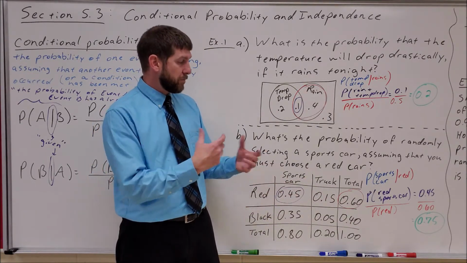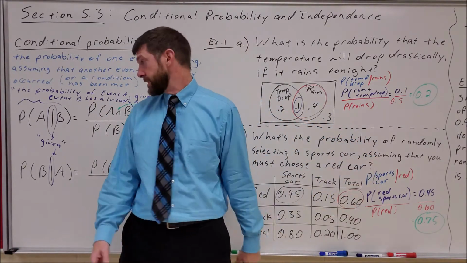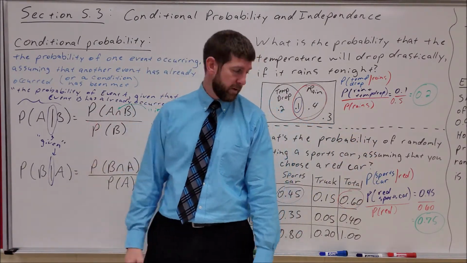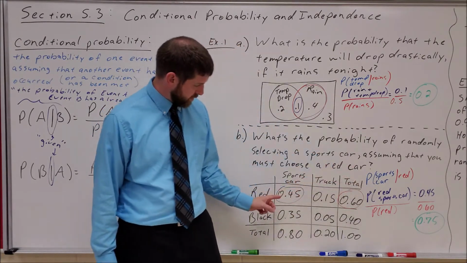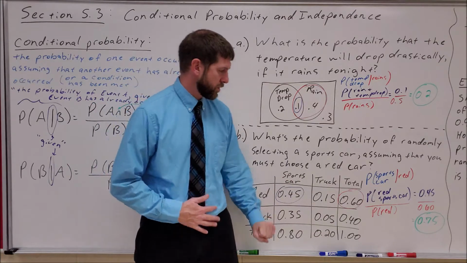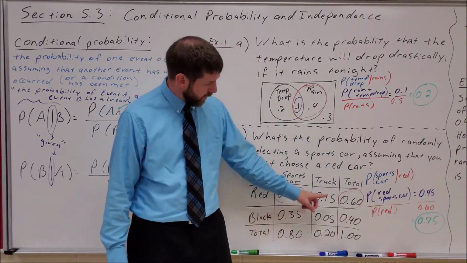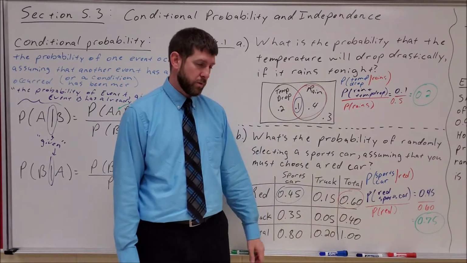So we can do it by formula: probability of a red sports car, that's the and statement, both A and B occurring. So a red sports car, that's 0.45, so 45% of the cars were red sports cars, divided by only the red cars. Only 60% of the cars were red cars.